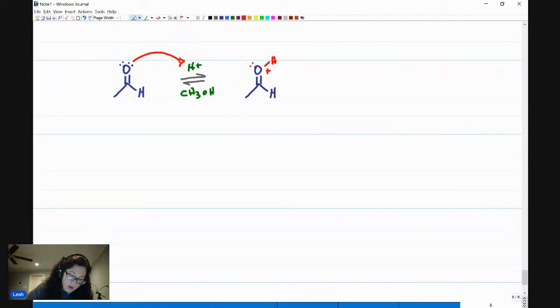And so it starts pulling on the electron density between itself and carbon, making the carbon even more partially positive, making it susceptible to attack. And that is where the mechanism officially begins after the activation step, where we have the carbonyl gets attacked, these electrons kick up, and that gives us our next step, which it's about to get crowded.